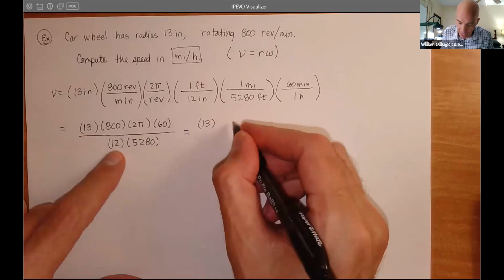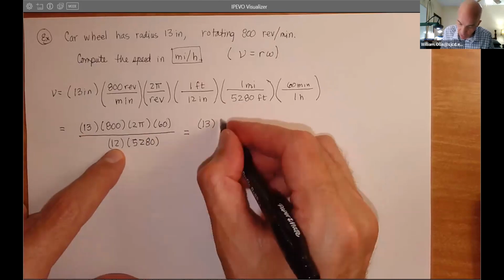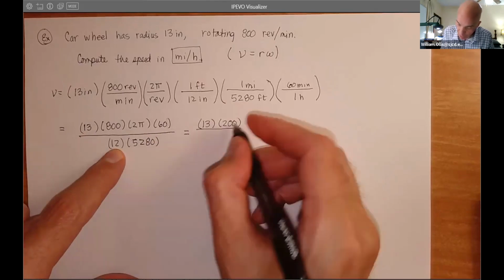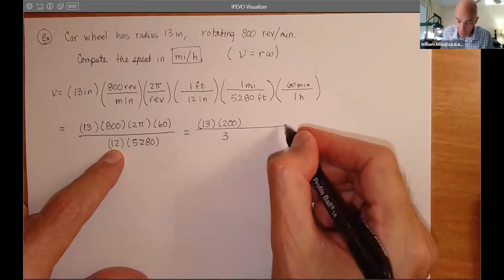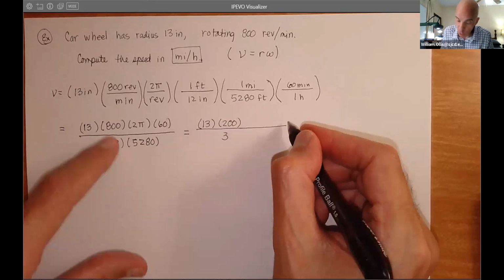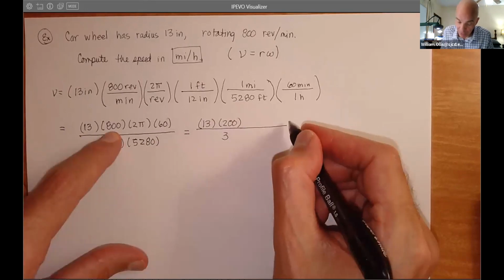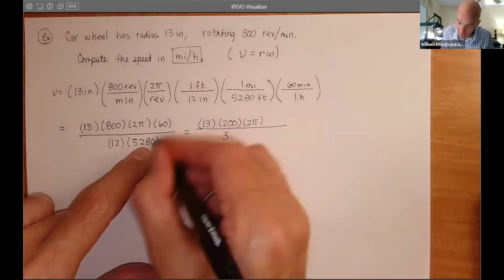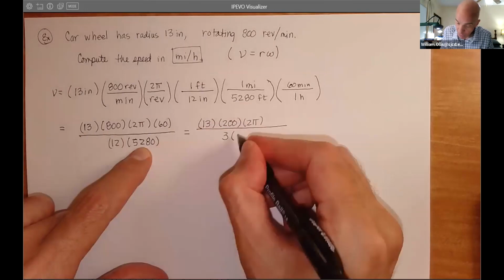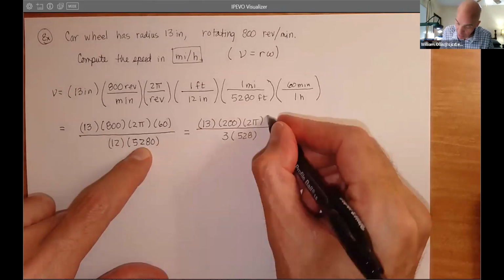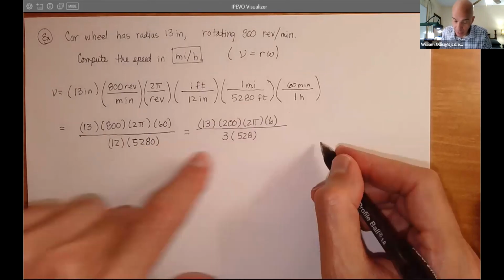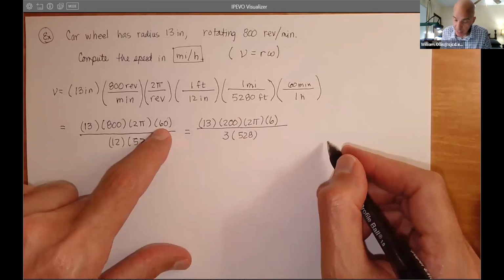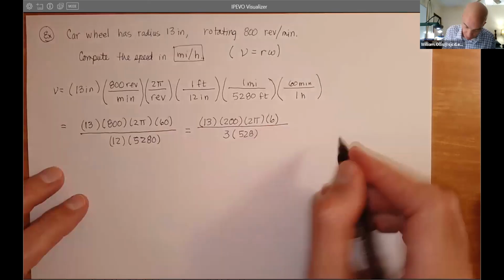And then here we've got a 4, so that'll give us a 200. So divide 12 by 4 gives us a 3. Divide 800 by 4, that gives us a 200. And now here we've got a 2 pi, and we can divide by 10. So that'll be 528 times a 6. So again, divide 5,280 by 10 to get 528. Divide 60 by 10 to give us a 6.